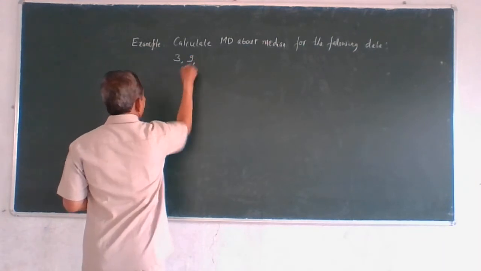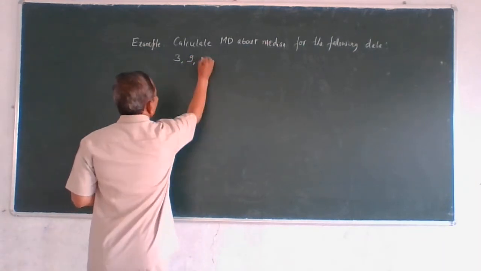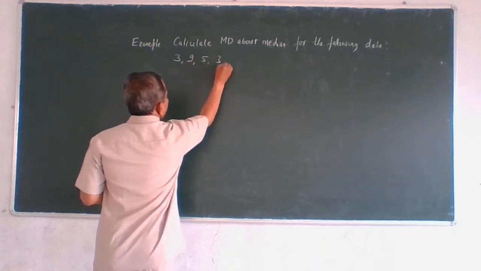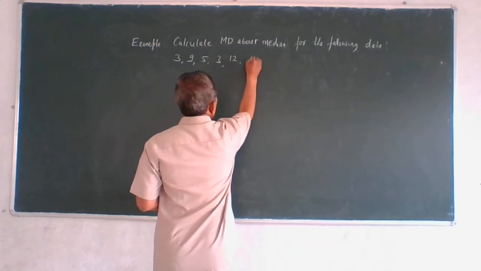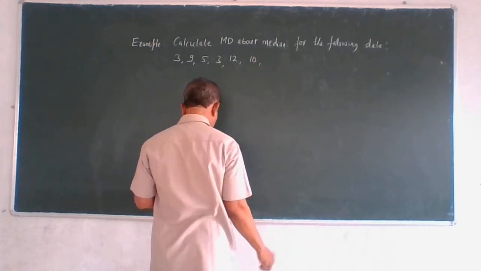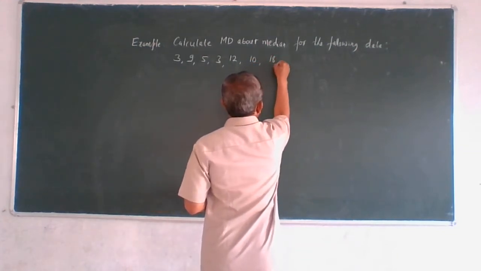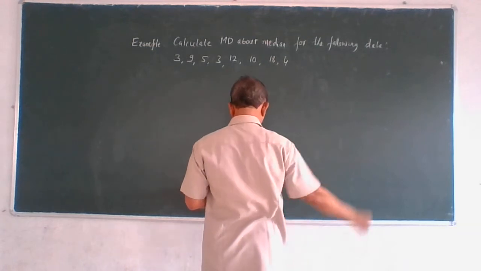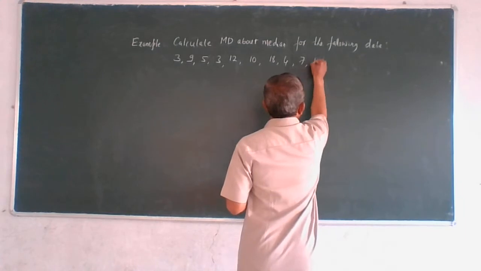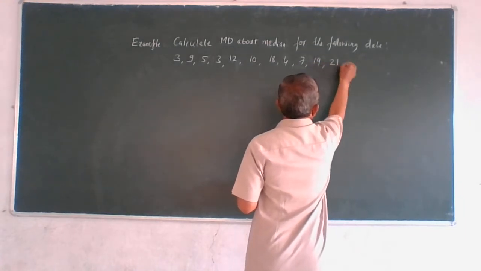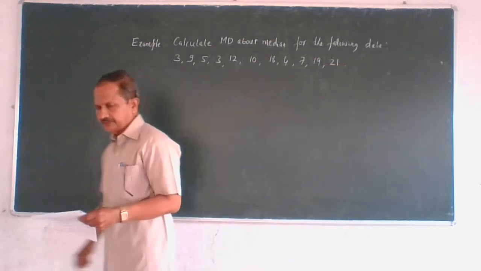3, 9, 5, 3, 12, 10, 18, 4, 7, 19, 21. These are the observations.